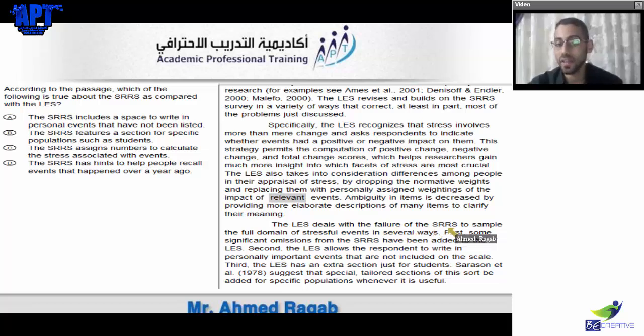The LES deals with failure, and SRRS is a sample of the full domain of stress events in several ways. So which one here is related to control? Yes, the SRRS assigns numbers to calculate stress associated with events. So always, here, positive and negative, that's what we care for in LES. SRRS associated with events, very nice.